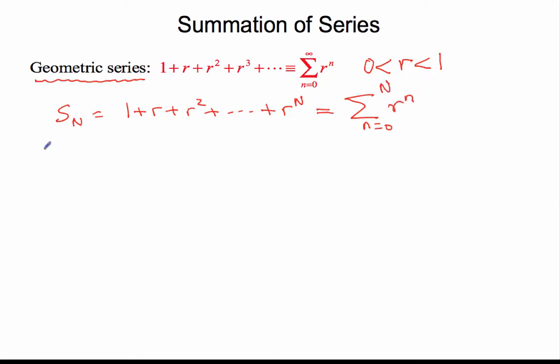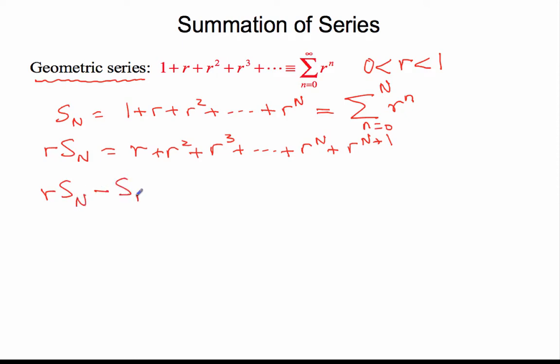Now let me multiply this with r, and this becomes r plus r squared plus r cubed, and then I'll get r to the N, and finally r to the N plus 1. Okay, so now I can take the difference, r S_N minus S_N.